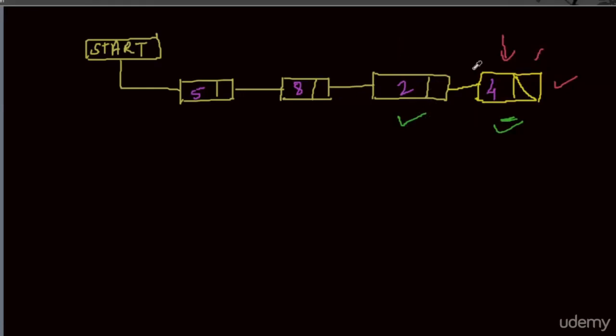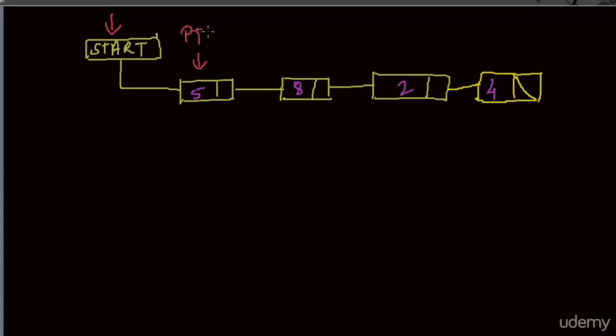Now try to understand how we can do the same programmatically. In order to do that, we need to take two pointers. For example, one pointer's name would be pre-ptr and one pointer's name would be ptr. Alright, so one would be one node behind the pointer ptr.